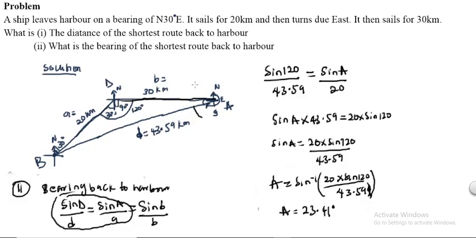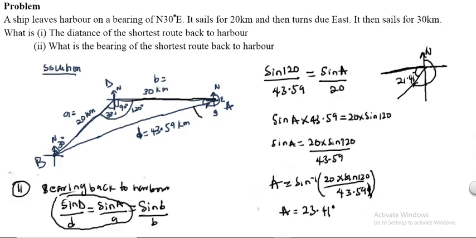So to really get the bearing back to harbor, it's important we look at this part properly. So I'll draw out this Cartesian axes here. So this will be the north, and then remember the ship comes directly from the west. So this is one of the lines we're interested in. And then we have this angle, which is 23.41 degrees from our calculation. Now the bearing back to harbor is the angle from here to here.